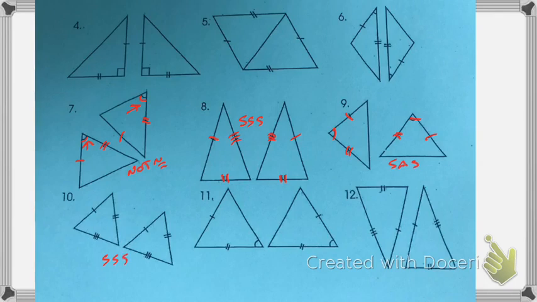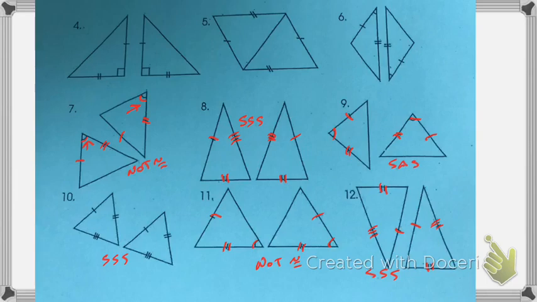Side, side. Single, double. This one would read SSA. This one reads SAS. So we say not congruent. Single dash, double, triple, side, side.